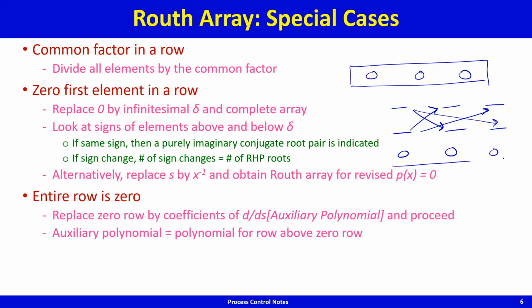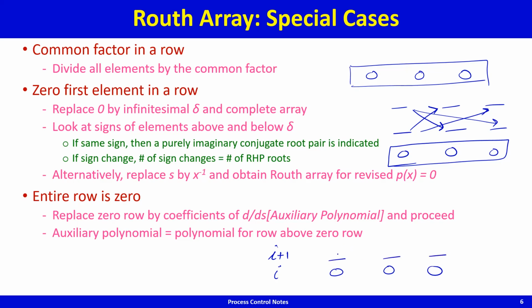Now if you encounter a row of zeros, then what is done is, let us say this is the ith row, and let us say it's a bunch of zeros. What you do is, you look at the (i+1)th row, and it will have some elements.